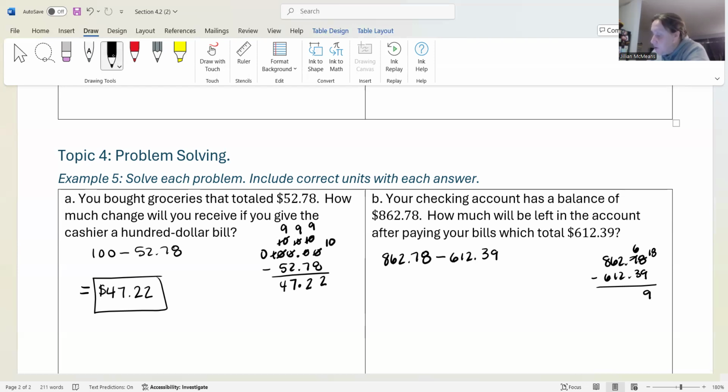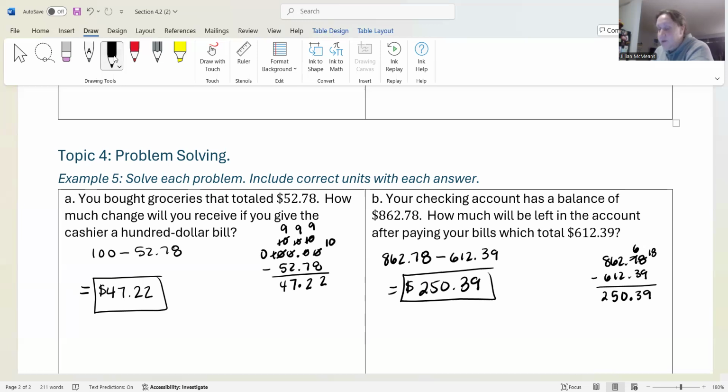And then 6 minus 3 is 3. Drop down your decimal. 2 minus 2 is 0. 6 minus 1 is 5. And 8 minus 6 is 2. So the balance in the bank account is going to be $250.39.